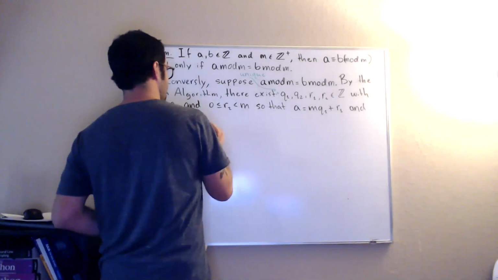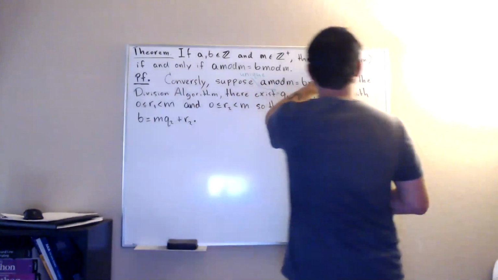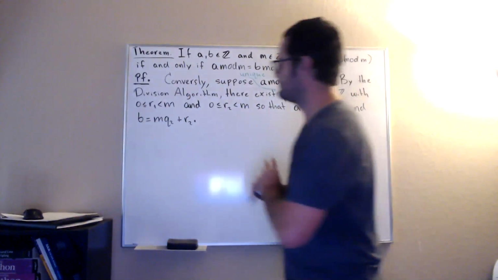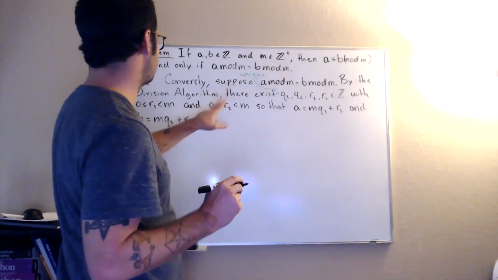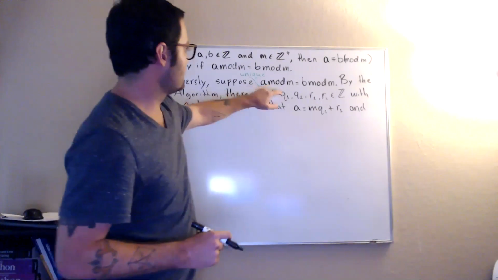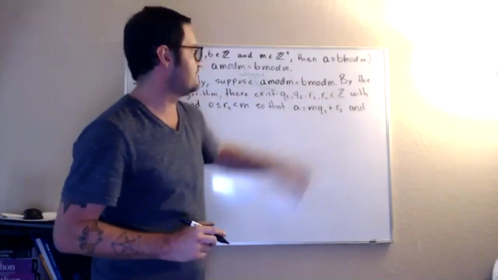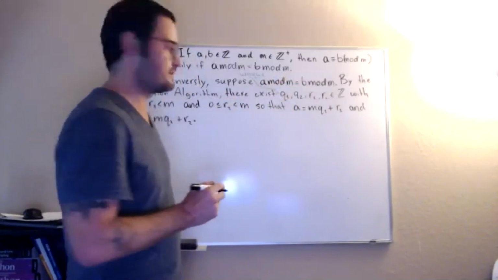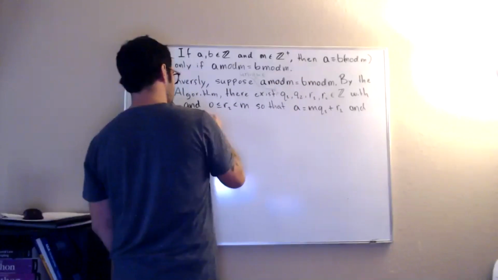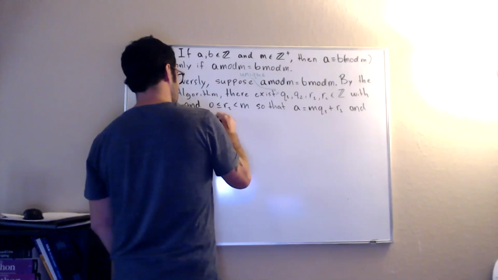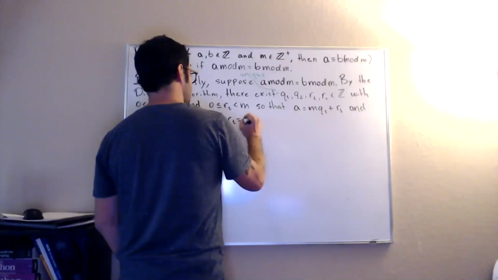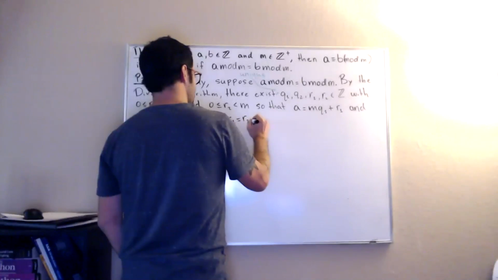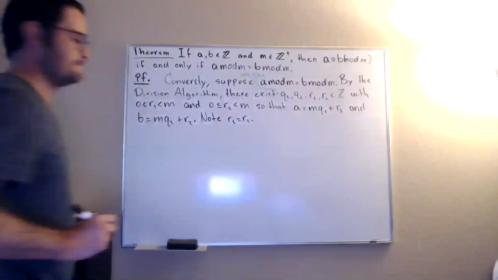Okay. So now I want to look at showing that m divides a minus b. So, oh, I should probably note, we suppose that a mod m is equal to b mod m, i.e. the remainders are the same. So I should probably say something like note that r1 is equal to r2. Okay.